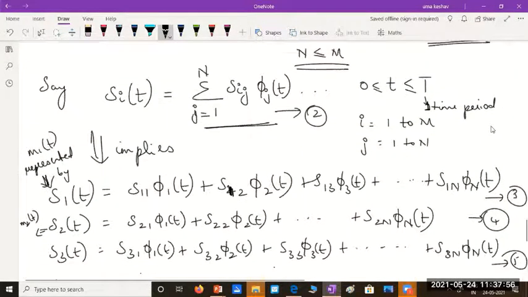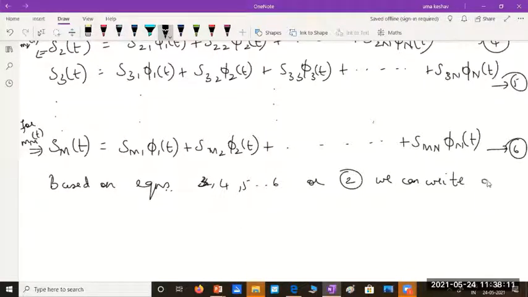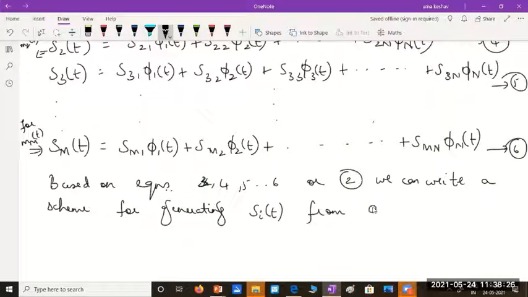Based on equation 3, 4, 5, 6 or equation 2, we can write a scheme for generating Si of t from phi 1, phi 2, and so on. Can you draw that scheme? Just represent these equations in the form of a block diagram.